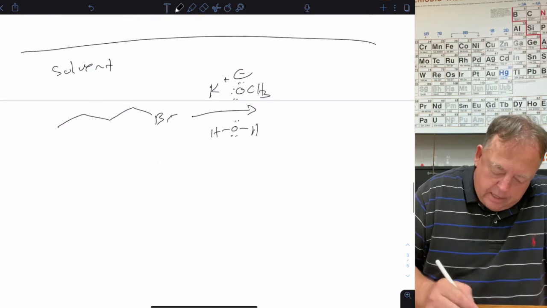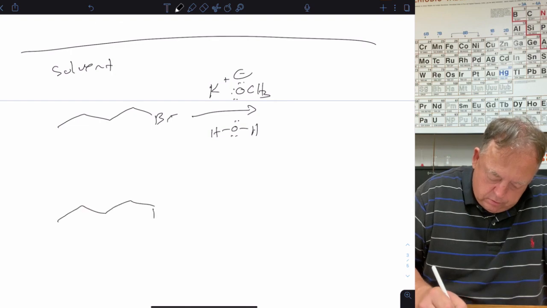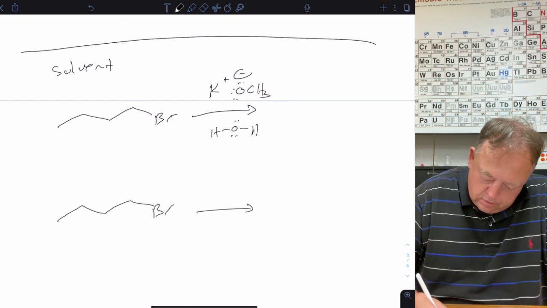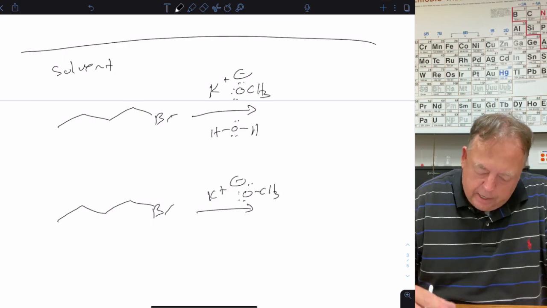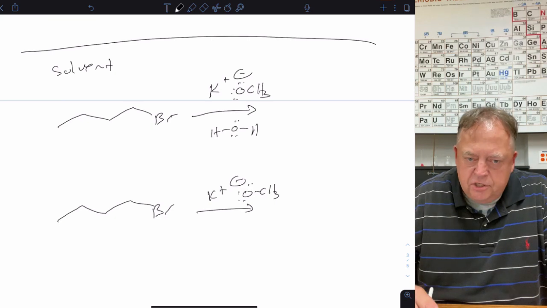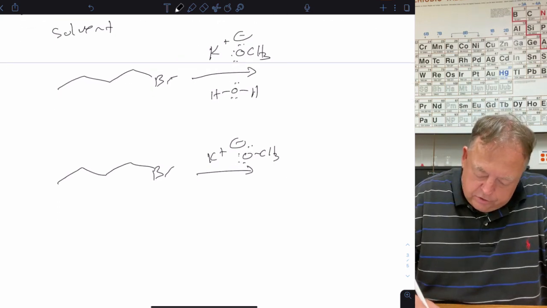And then let's compare that to, so same alkyl halide, same nucleophile, but let's just change the solvent. So this would be a typical solvent for an SN2.